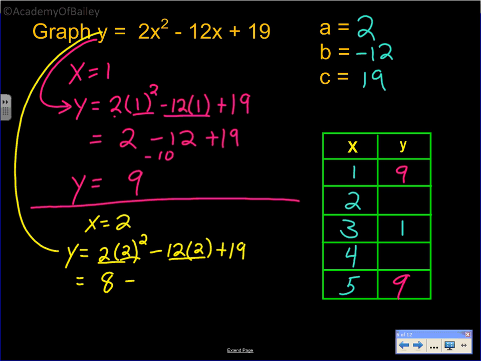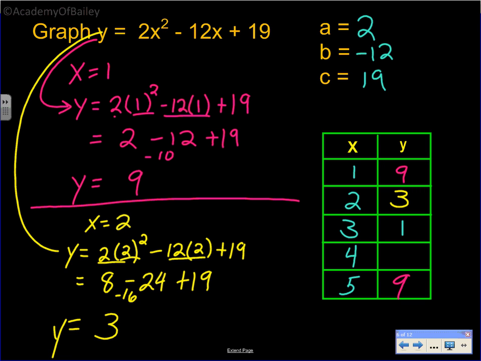Minus 12 times 2 is 24, and plus 19. Work this out. 8 minus 24 will give you negative 16, and negative 16 plus 19 is 3. So when x is equal to 2, y is equal to 3.